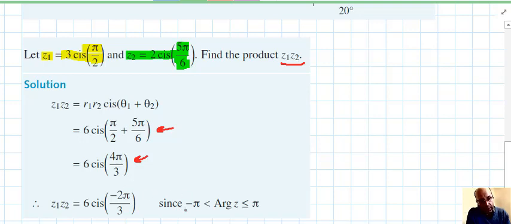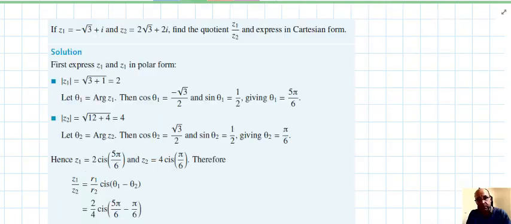Now, because the principal argument stipulates between negative pi exclusive and pi inclusive, we need to rewrite that as such, and sometimes you may need to draw a diagram to visualize this. If we had to deal with this question here, it says find the quotient z1 over z2 expressed in Cartesian form.